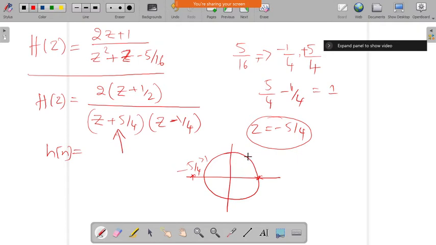So that is what we'll say. Also the system is not causal because the pole is outside the unity circle. Even by finding the inverse Z transform, or by looking at this pole pattern, you can say the system is not stable and causal.